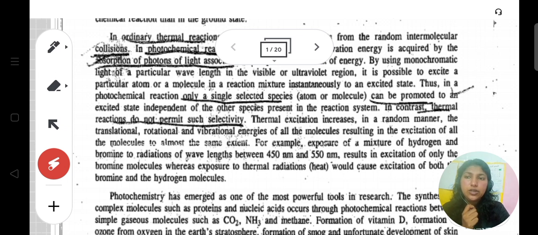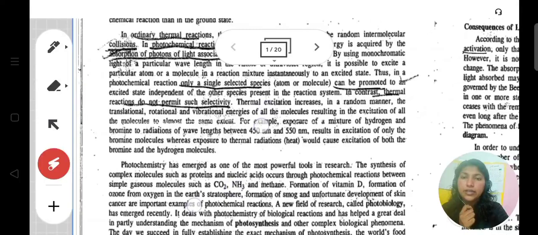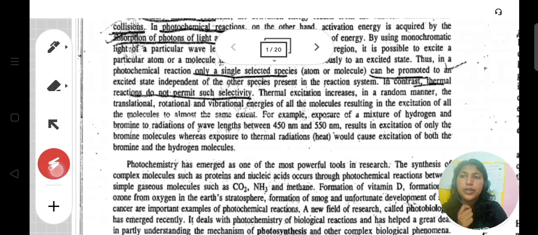So the excitation is only of the bromine molecule. So that is selective. A single selected species can be promoted to an excited state independent of the other species present. Whereas exposure to thermal radiation, that is heat, would cause excitation of both the bromine and hydrogen molecules. So that is a major difference between thermal reactions and photochemical reactions.